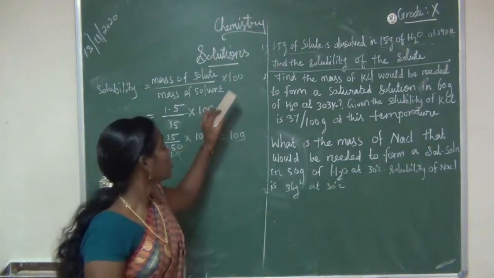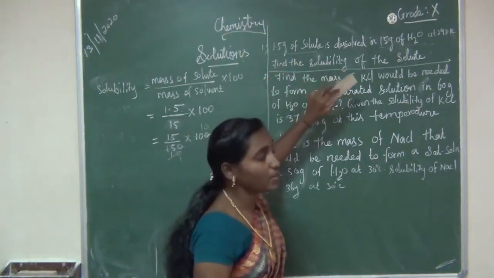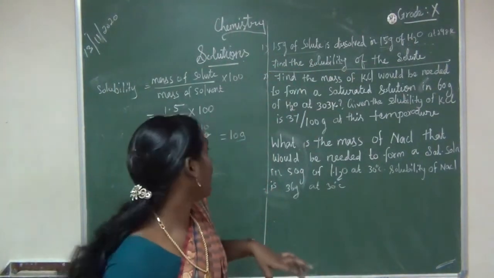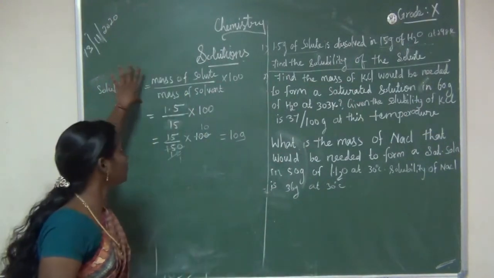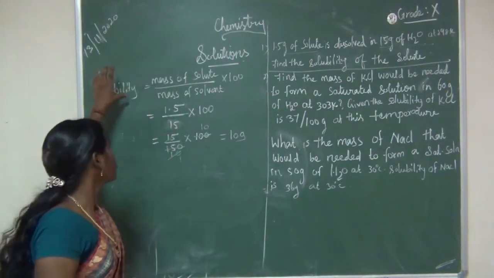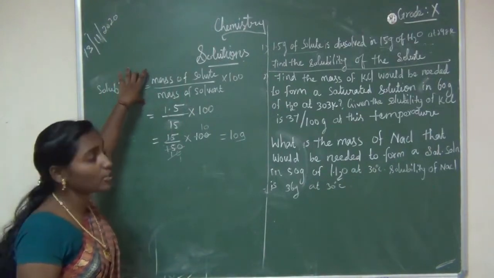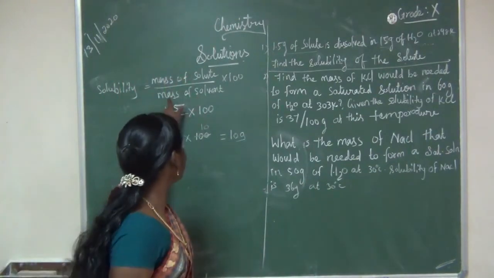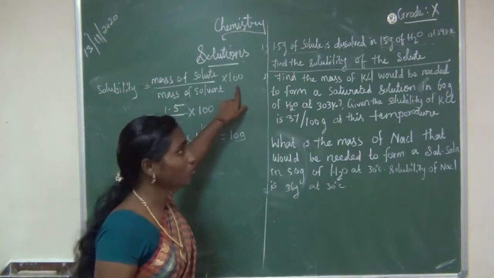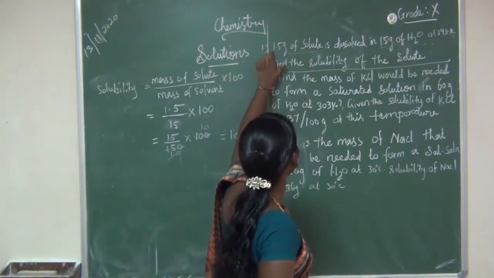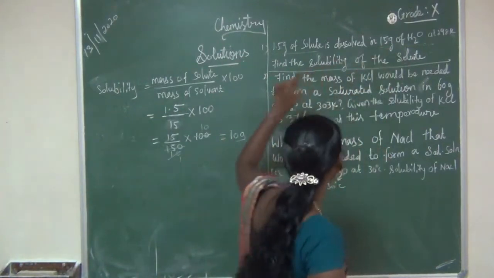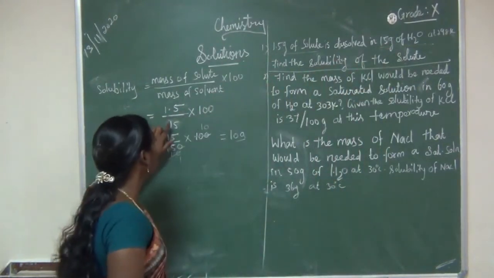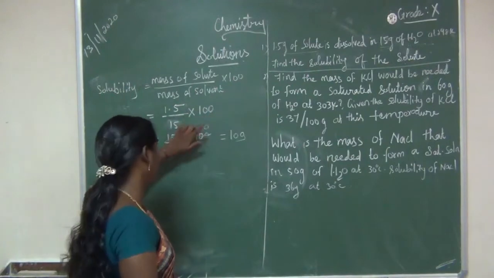Have you understood? To find the solubility, first we need to apply the solubility formula. Solubility is equal to the mass of solute divided by the mass of solvent, into 100. The solute value is 1.5 divided by the solvent value 15 gram, into 100.